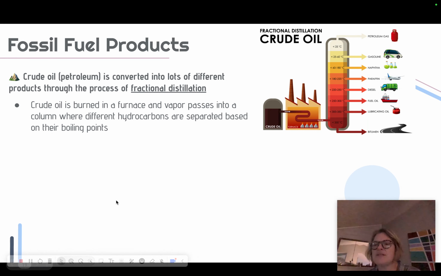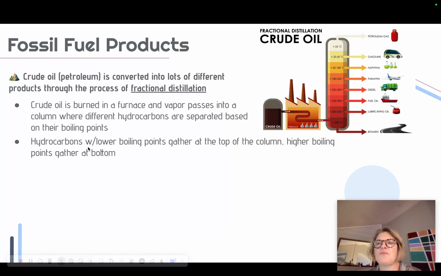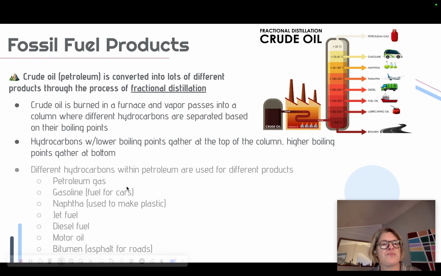The hydrocarbons that have lower boiling points gather at the top of the column, higher points gather at the bottom, and then we can turn all these substances into different things. That's what this fractional distillation process does at these oil refineries.